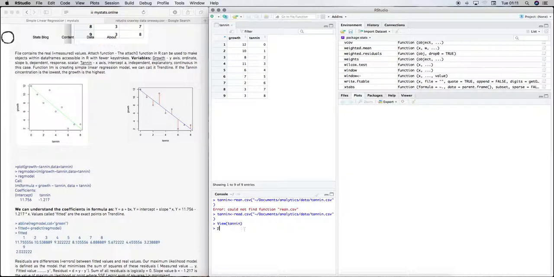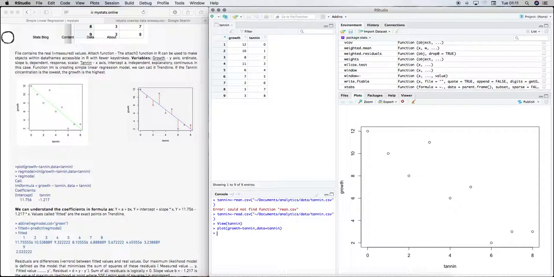So let's plot the dependency, growth and tannin, data equals tannin. And let's create our linear model, and let's save the result into reg model.